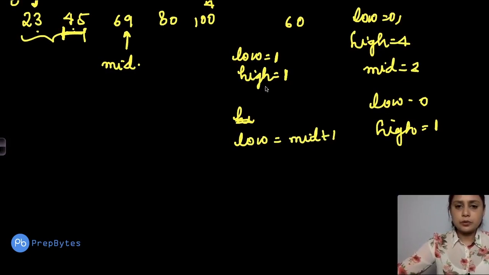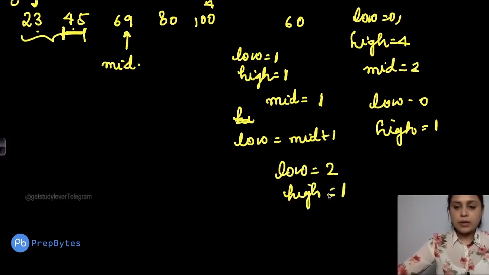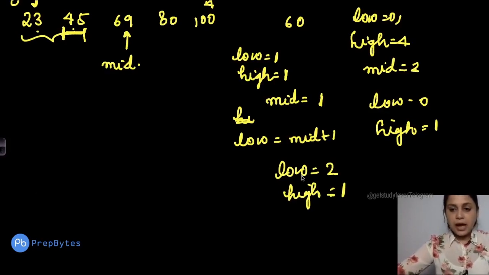What was my mid here? My mid is equal to 1 plus 1 by 2, which is 1. After this operation, my low becomes 2 and my high becomes 1. At this point my low is greater than high, which is not going to happen. As soon as your low is greater than high, it means the element does not exist in your array.